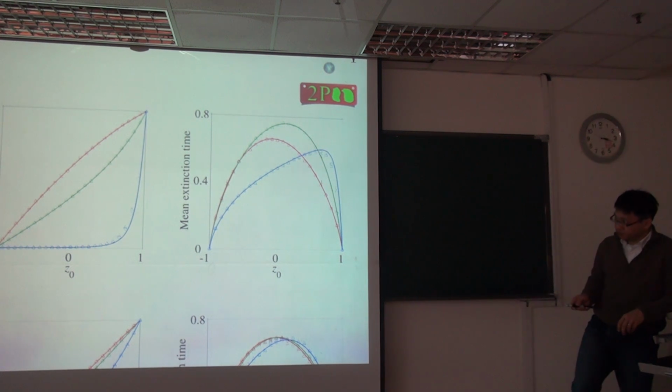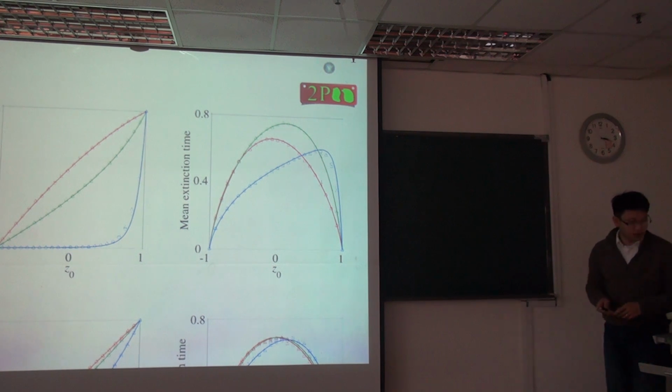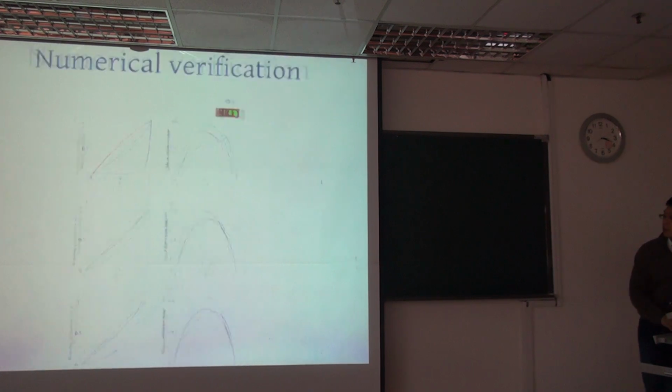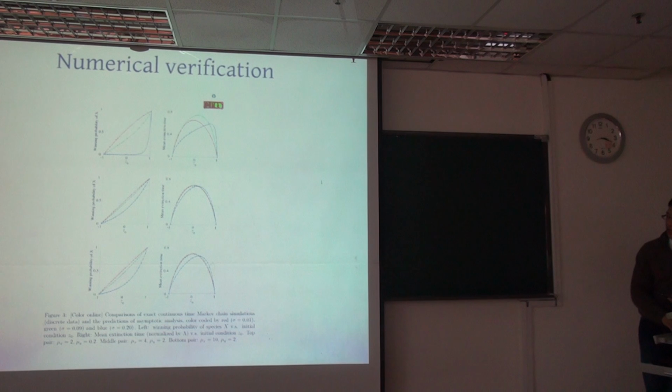On the other hand, when it is equal to -1, that means that 100% of the initial population is species Y. And all these discrete markers are from continuous time Markov chain simulation, and as you can see, it agrees pretty well, as well as the mean extinction time. And it's a large-scale validation of our theory.